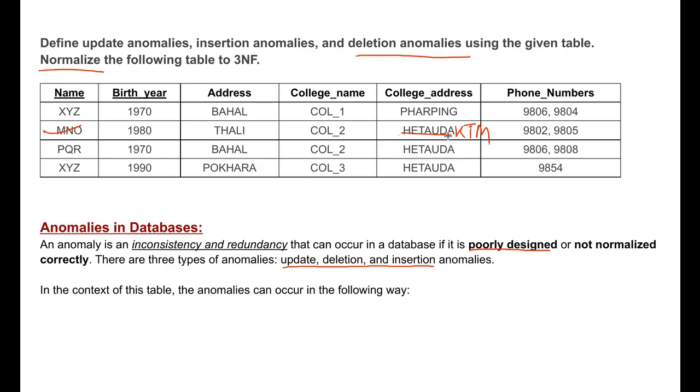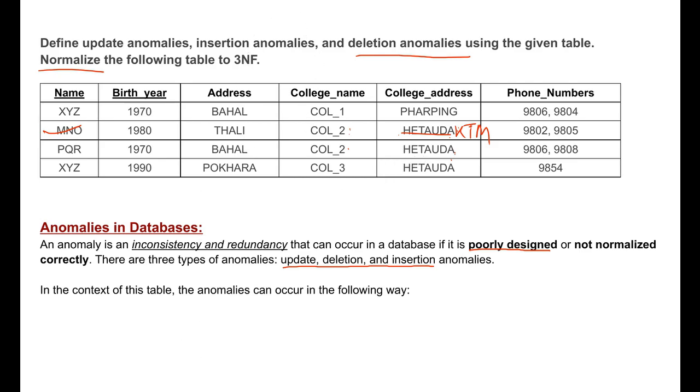Now what you see is the same college 2 has two different addresses. So this is one example of inconsistency in the database caused by update anomaly. This is happening because this is a poorly designed table, as we all can see. This is not normalized yet.